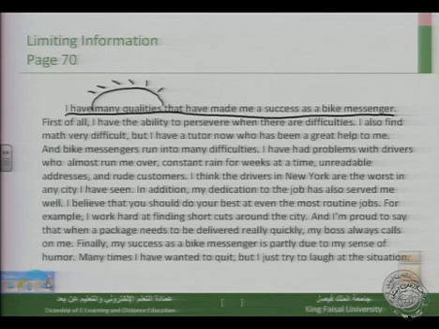He is going to show that he is a success as a bike messenger. So his job is a messenger. He uses the bicycle in order to send messages to the people to whom they are sent. So here we have the qualities that will show that he is successful in his job, which is a bike messenger.